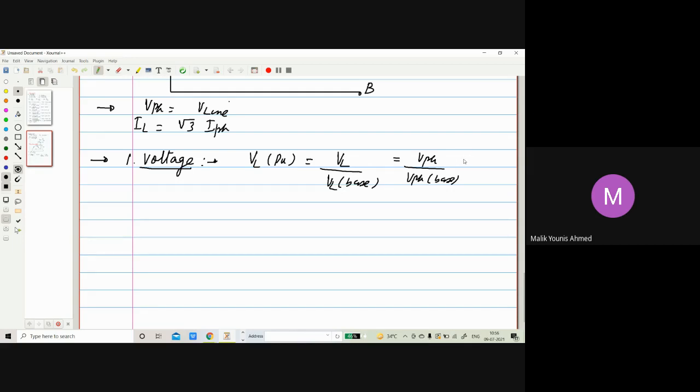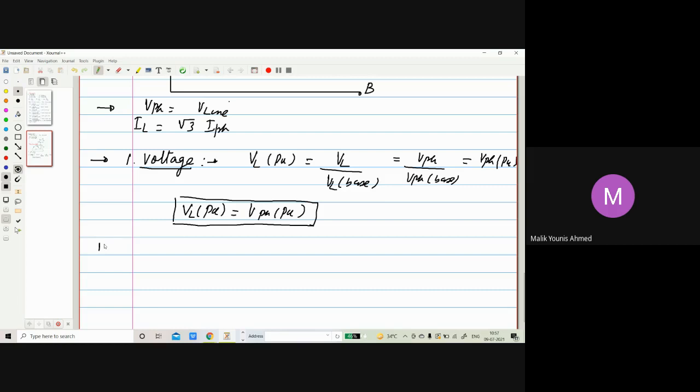So very clearly you can see that the per unit value in line and phase are equal. So VL per unit in case of delta connection, that's a line value of voltage in per unit system is equal to phase value of voltage in per unit system in case of delta connection also. So this is the first relationship we have got.